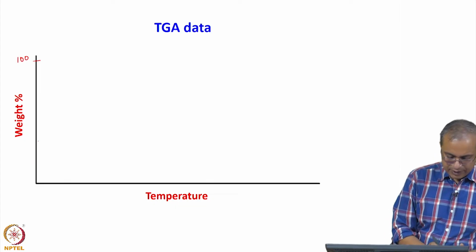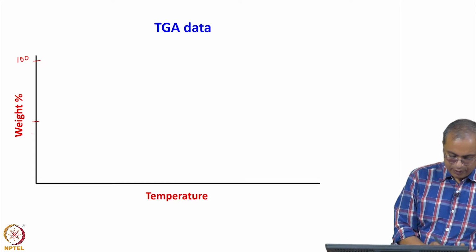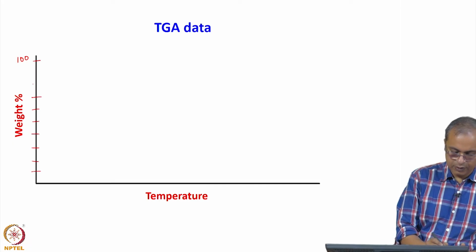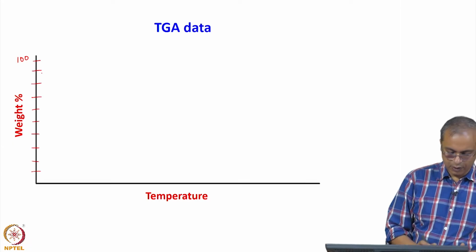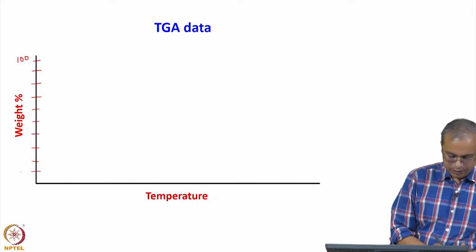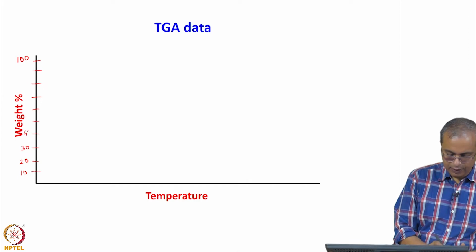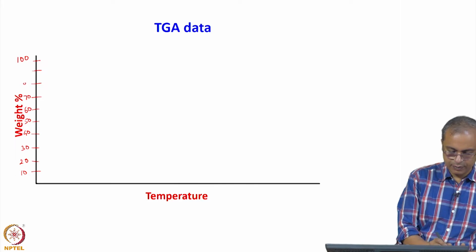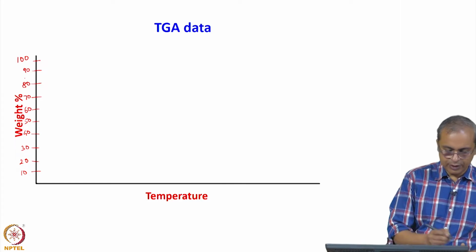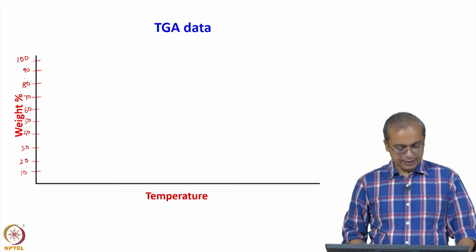On your y axis you have weight percentage. So, we will just call this 100%. Let us split this up here. This is the halfway mark. So, we have 10, 20, 30, 40, 50, 60, 70. So, this is the percentage on the y axis, and then temperature.